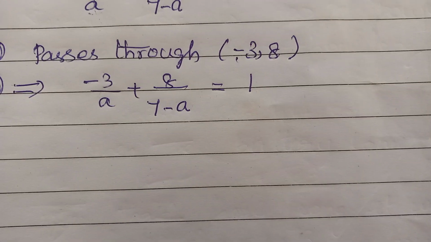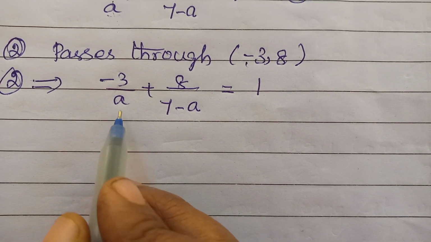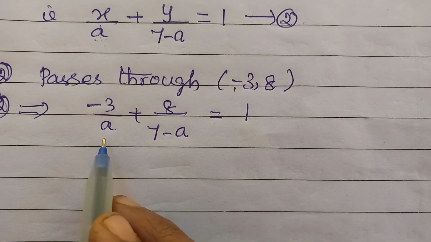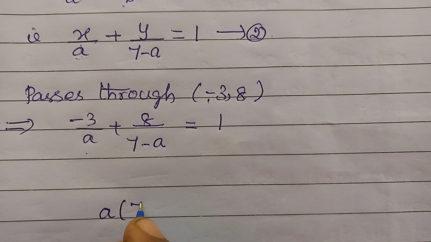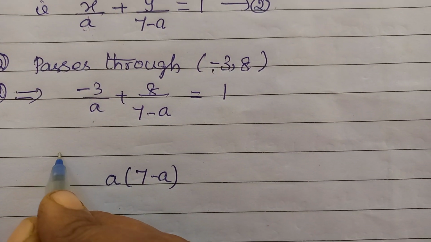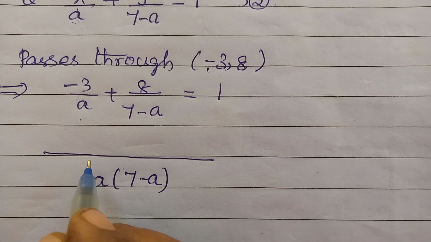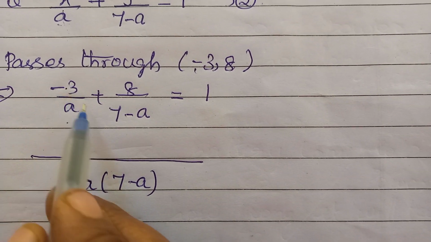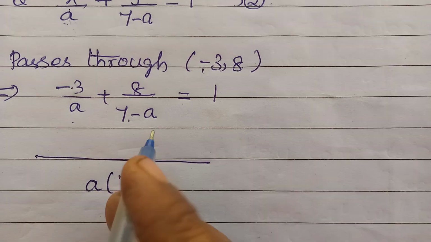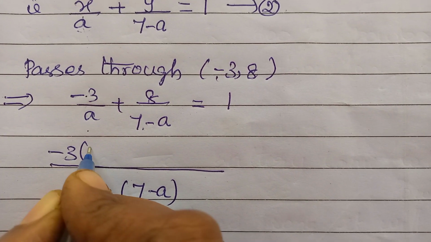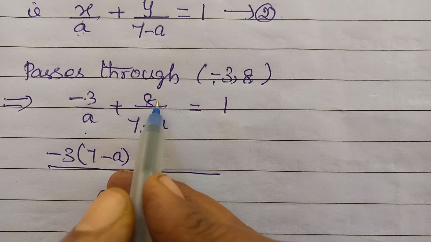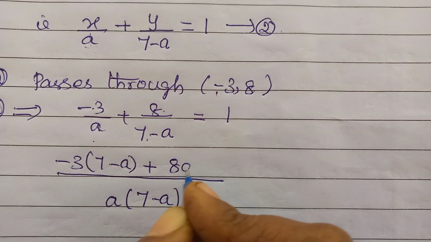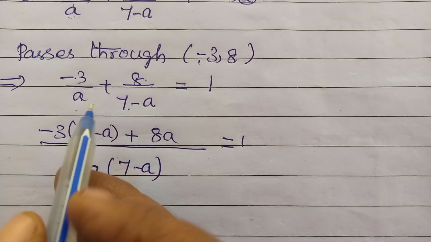Take the LCM. LCM is a into 7 minus a. So the numerator becomes minus 3 into 7 minus a plus a into 8, it can be written 8a, is equal to 1. Did you understand?